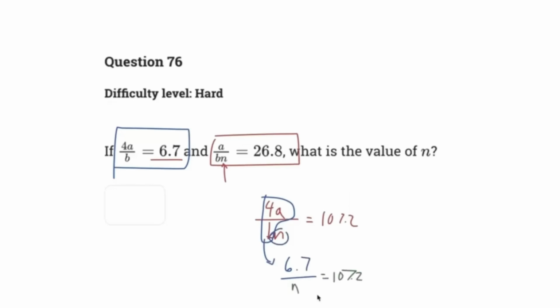You can rearrange this to solve for n, and we will get 6.7 over 107.2 equals n. And 6.7 over 107.2 also just simplifies to 1/16, and therefore our value of n is 1/16.